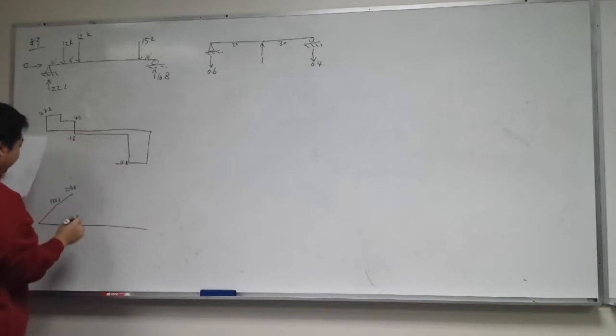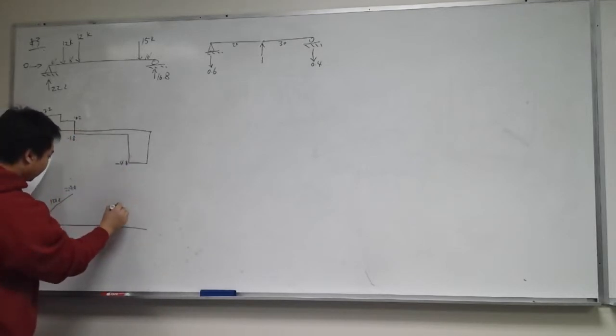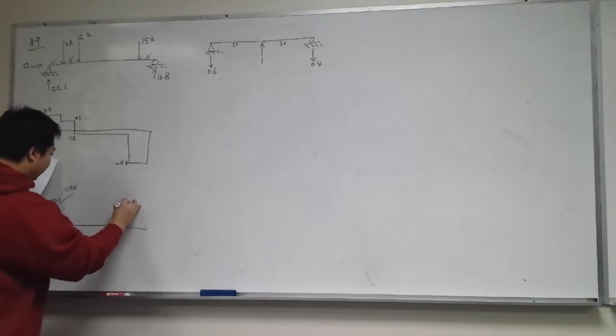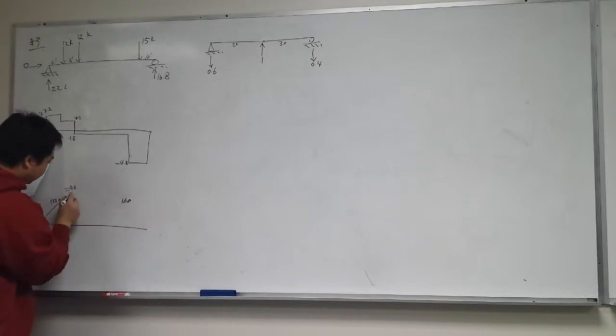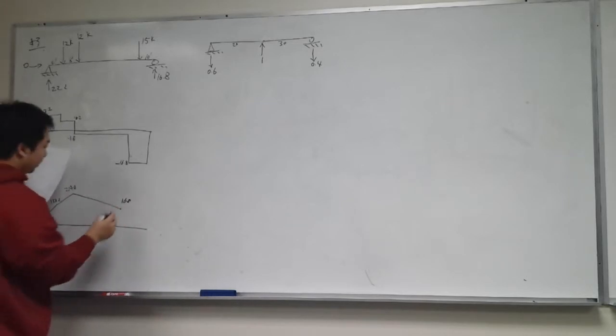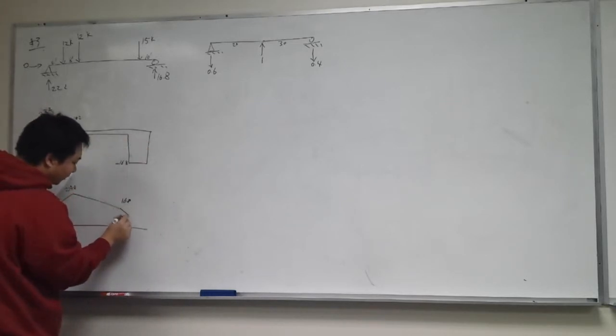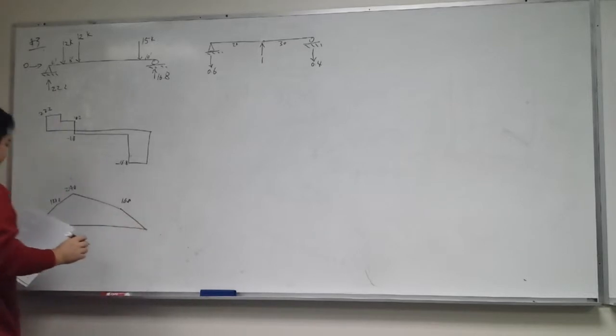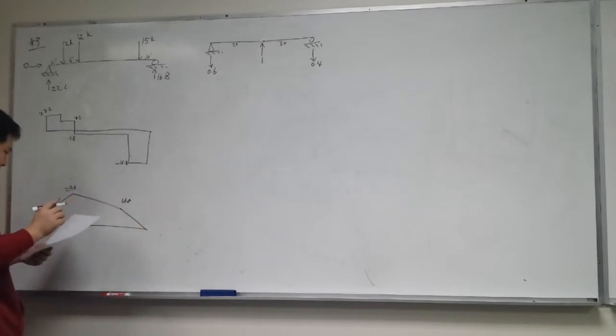Then minus this area, you're going to get 168. And then minus this area, you're going to end up as 0. So this is your moment diagram.